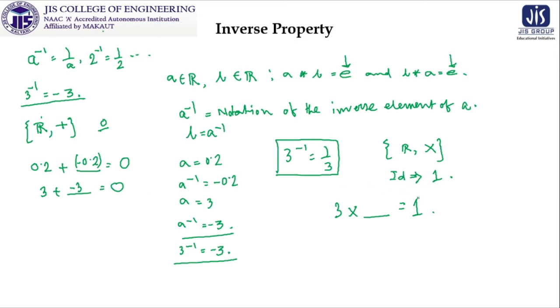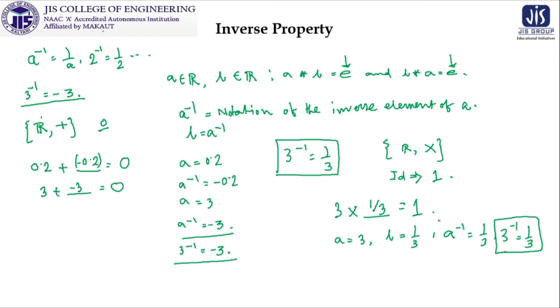So 3 into something is equal to 1 means you need 1 by 3 over here. So your A is 3, your B is 1 by 3, that means your A inverse is 1 by 3, so your 3 inverse is also 1 by 3. So your 3 inverse is 1 by 3 is right, my 3 inverse is minus 3 is also right. It depends on the structure, and I think now it is crystal clear to you what the inverse property is.